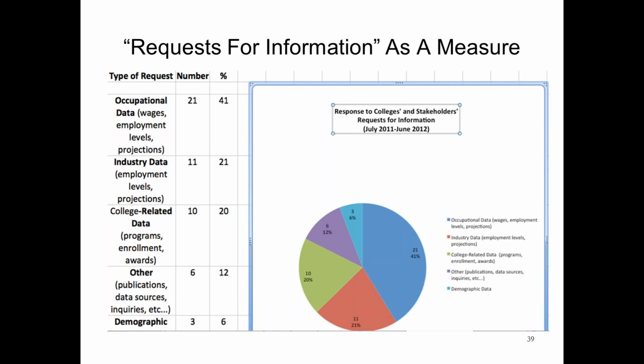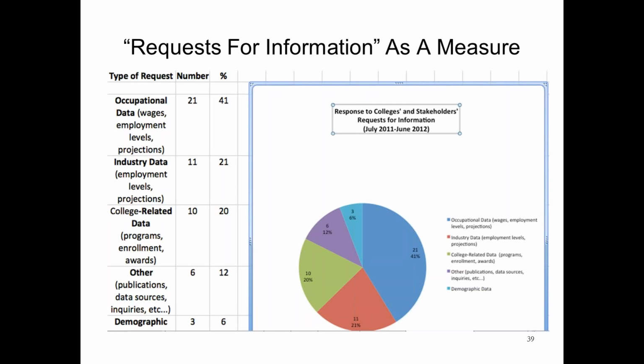So at a glance, using a pie chart like this, a digital display, I have a good friend who doesn't like pie charts. I won't mention her name, but it's not you, Laura, it's somebody else. But I think there can be reasons that you use pie charts. This one tells you immediately the mix of requests and the volume of requests. Notice it's not just the percents, but the N as well to show you volumes. So this is the sort of metrics and measures that you might want to include.